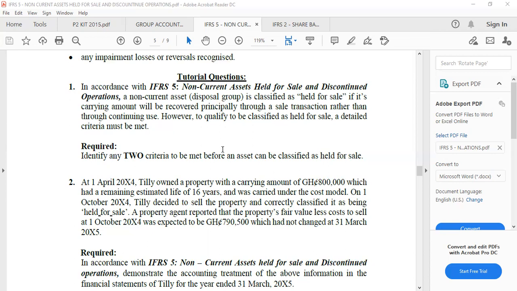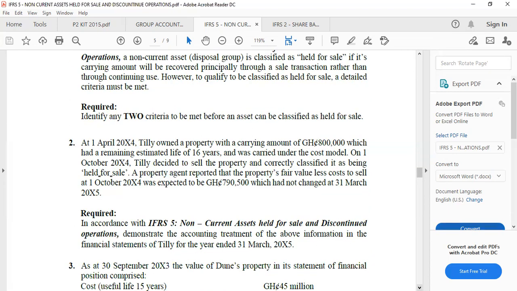Required: in accordance with IFRS 5, Non-current Assets Held for Sale and Discontinued Operations, demonstrate the accounting treatment of the above information in the financial statements of Tilly for the year ended 31st March 20x5.